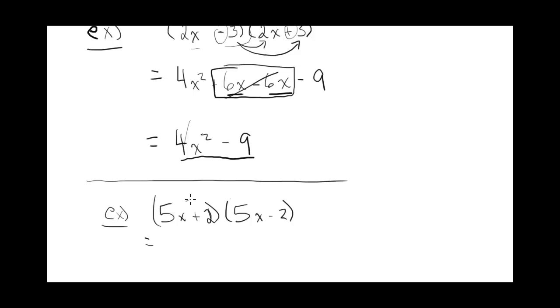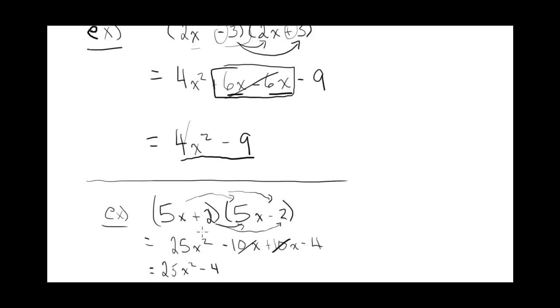So expand the first 5x into the second bracket, so 25x squared minus 10x, and then expand the 2 into the second bracket, so plus 10x minus 4. So notice the middle terms again are like but opposite signs, so they cancel. You have 25x squared minus 4.